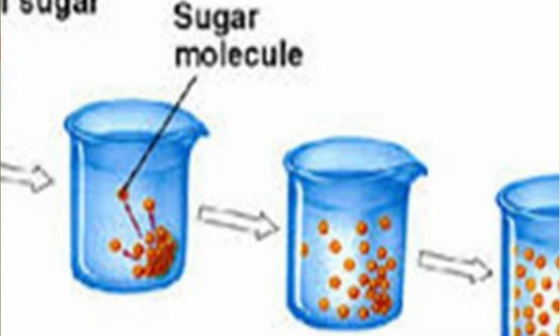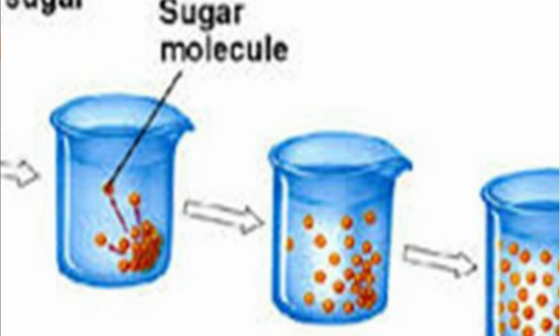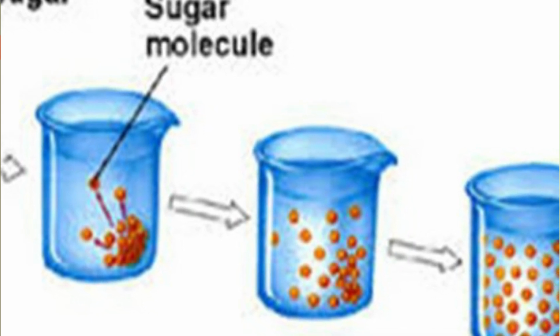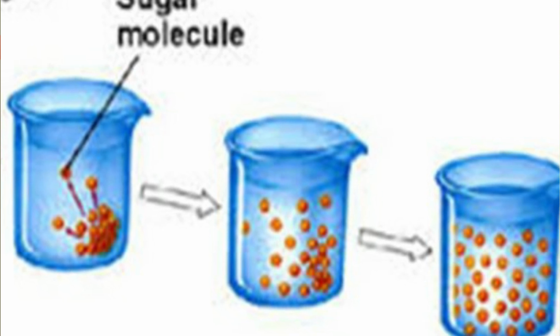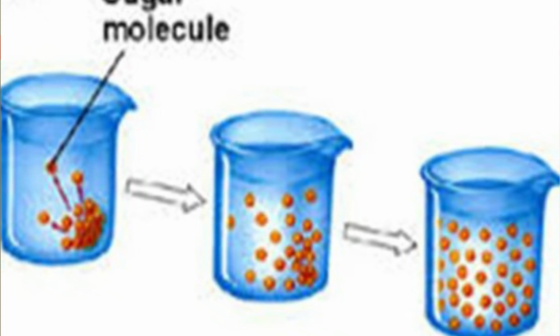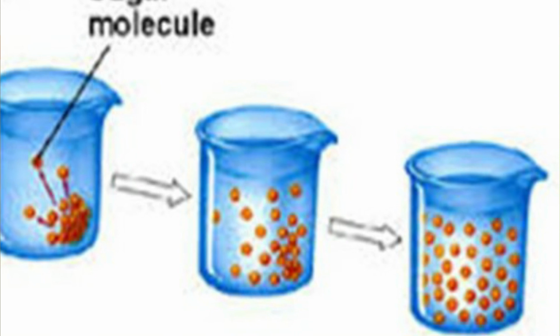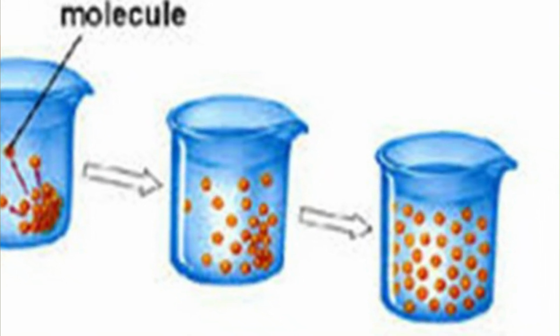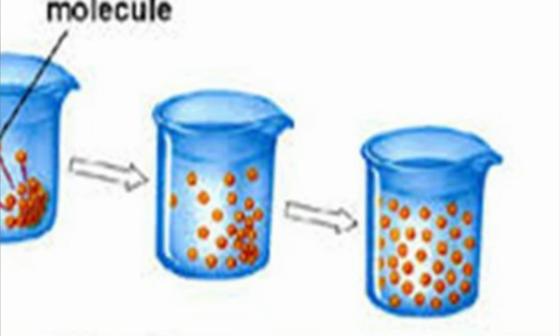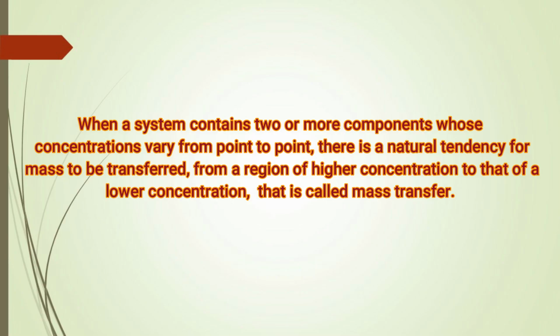Naturally, the high concentration sugar molecules will try to diffuse into the water and spread all over the water, and it will be spread uniformly. So after some time, if you see, it will be uniformly spread over the water.